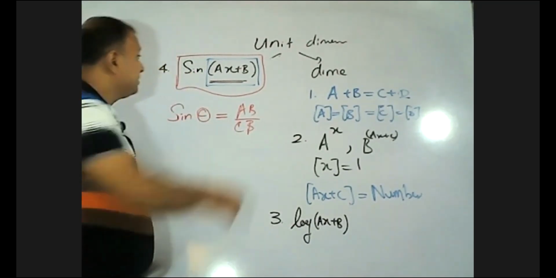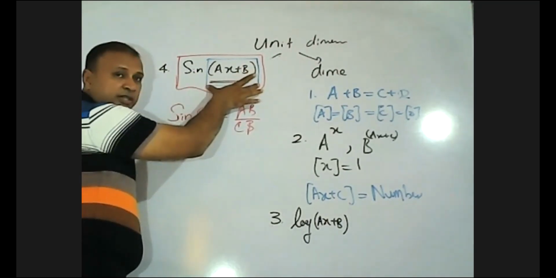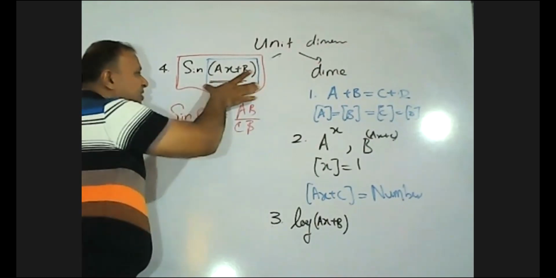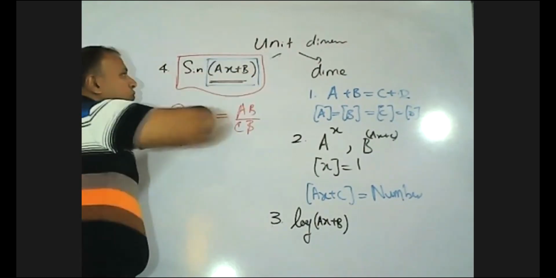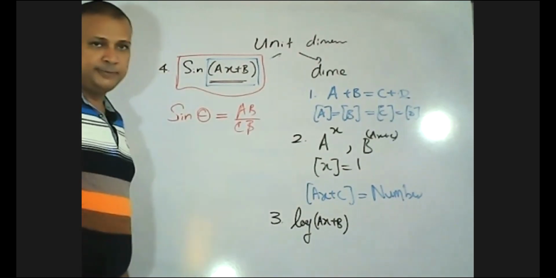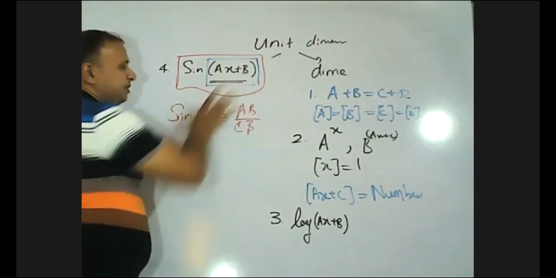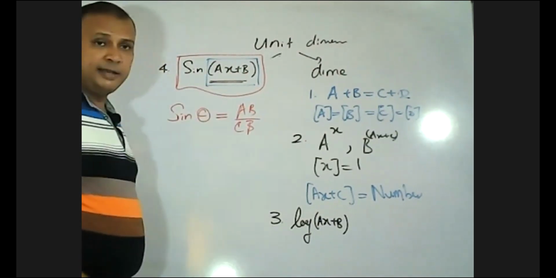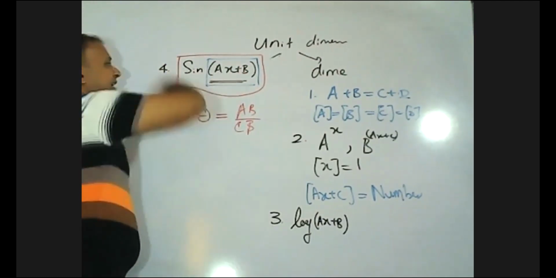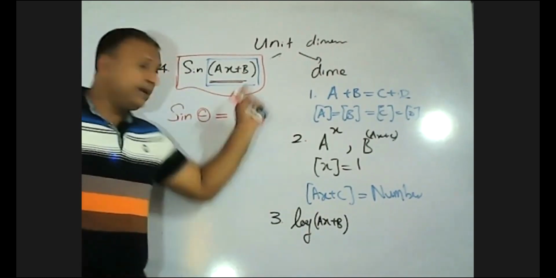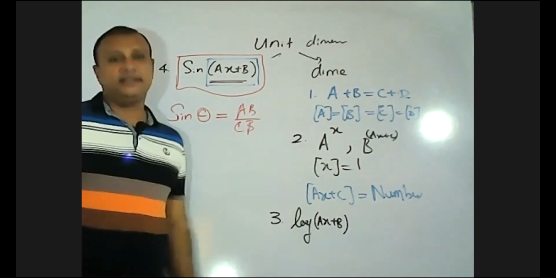What is that? The inside expression and the entire trigonometric ratio. The inside expression doesn't have a dimension because it is an angle. The entire expression doesn't have a dimension as it is a ratio between two lengths.